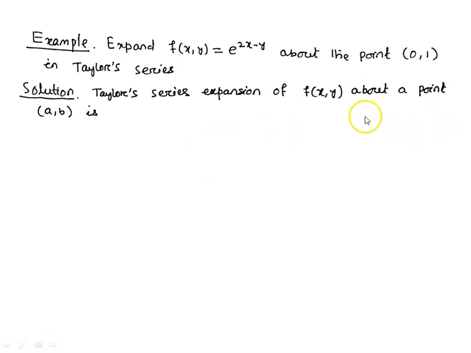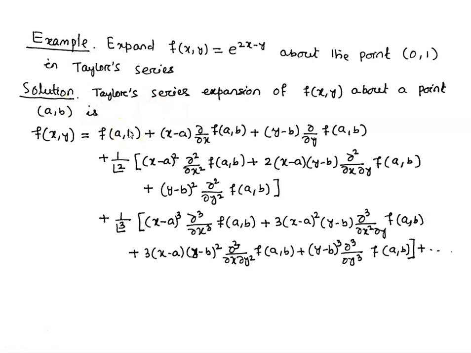Taylor series expansion of the function about the point (a,b) is f(x,y) equal to f(a,b) plus (x−a) ∂f/∂x at (a,b) plus (y−b) ∂f/∂y at (a,b) plus 1 by factorial 2 [(x−a)² ∂²f/∂x² at (a,b) plus 2(x−a)(y−b) ∂²f/∂x∂y at (a,b) plus (y−b)² ∂²f/∂y² at (a,b)] like this.